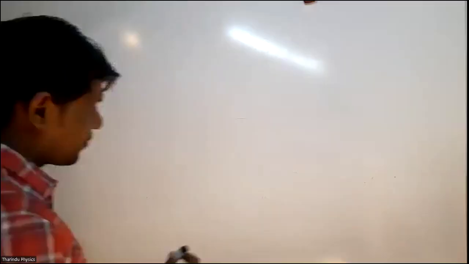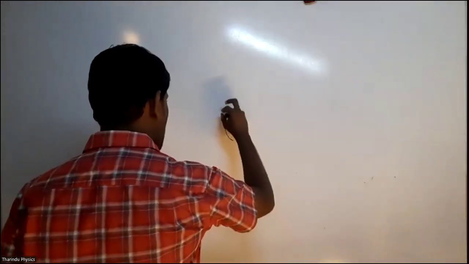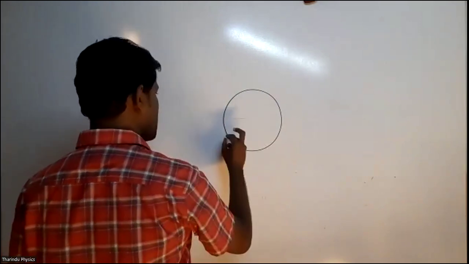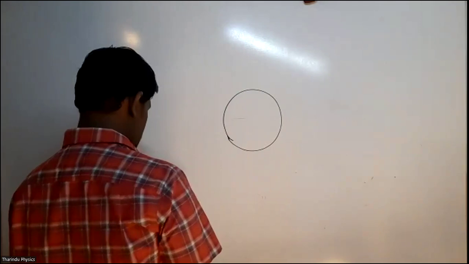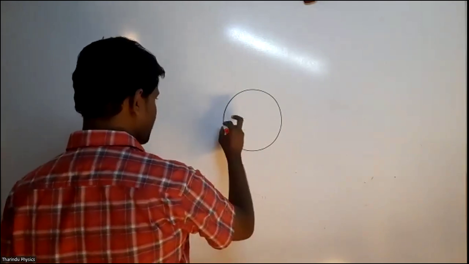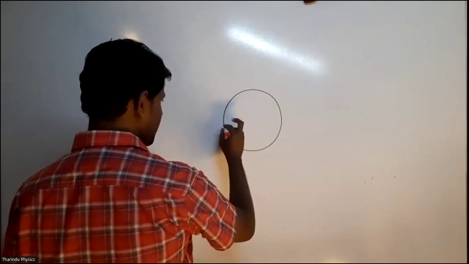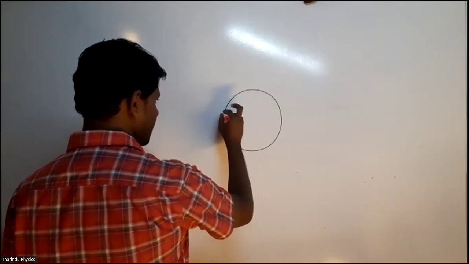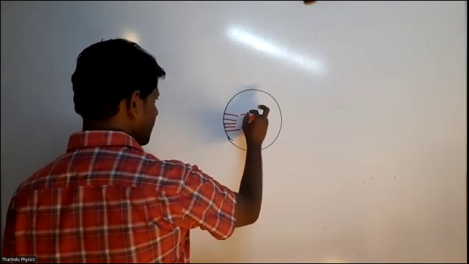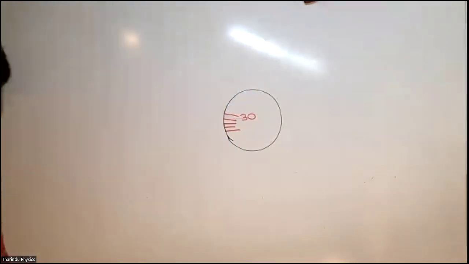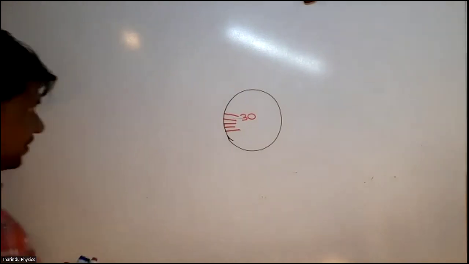Now write this in here. When you observe the circular scale from above, it is the 30th line.